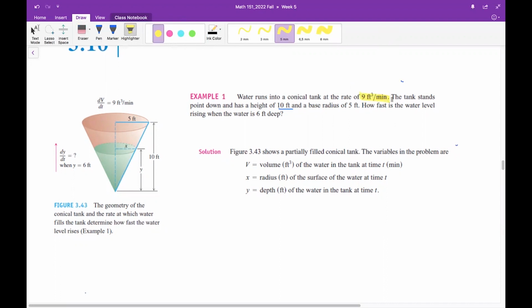Okay, in fact, I can draw a water pump here like that. So water is falling into this tank at a rate of 9 feet cubed per minute. So this is in fact the amount of water that is being poured in this tank, right?